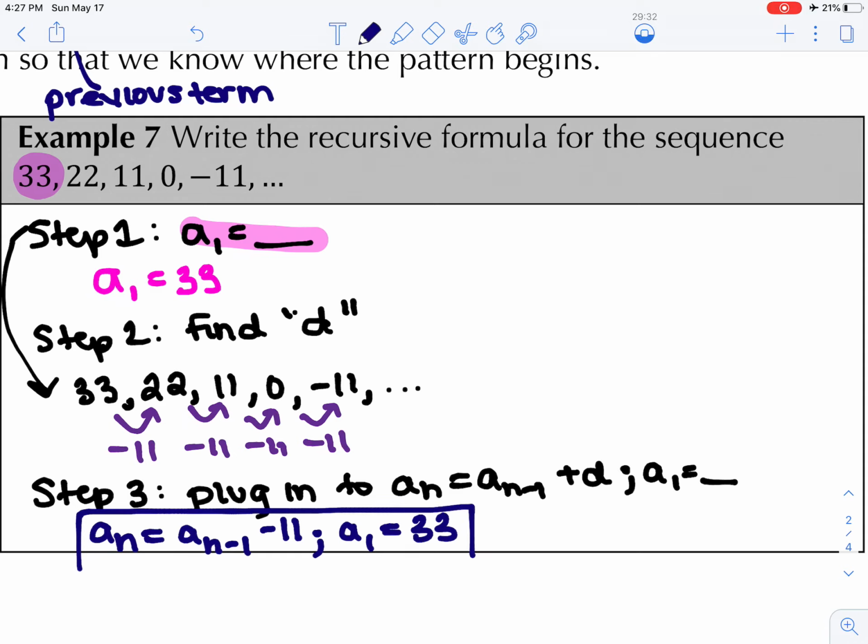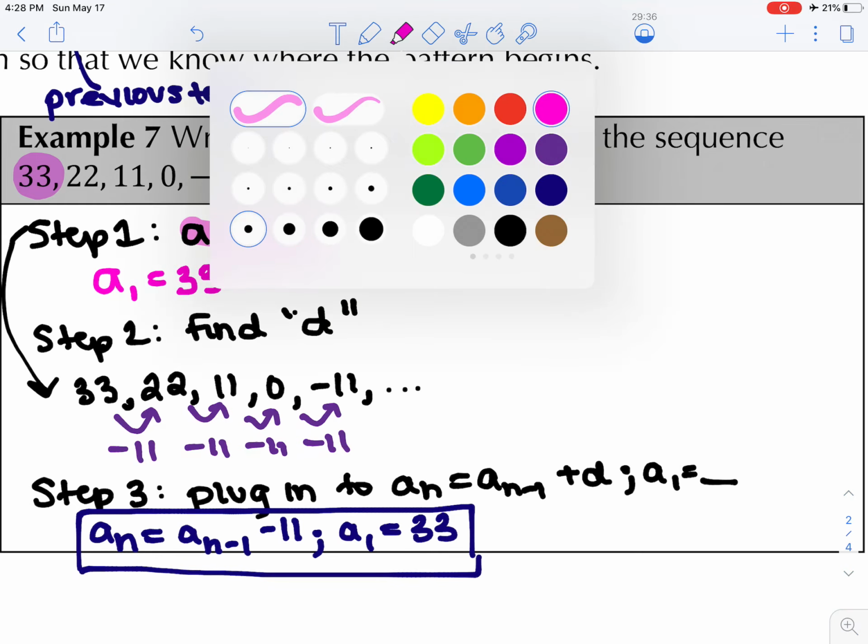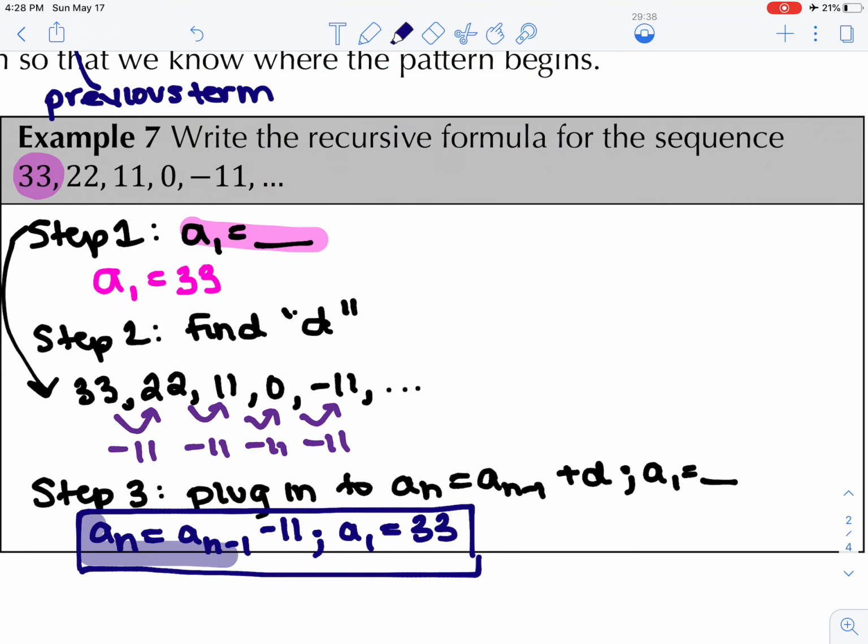That recursive definition as well as the statement of a sub 1 is our final answer. It wouldn't be considered a complete answer if we didn't indicate where this started. That's super important because if we start subtracting 11 from a different number than 33, we're going to generate a completely different sequence.